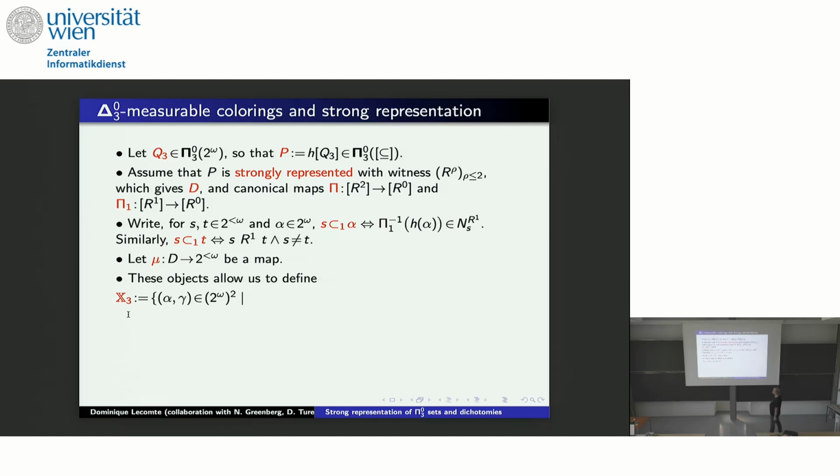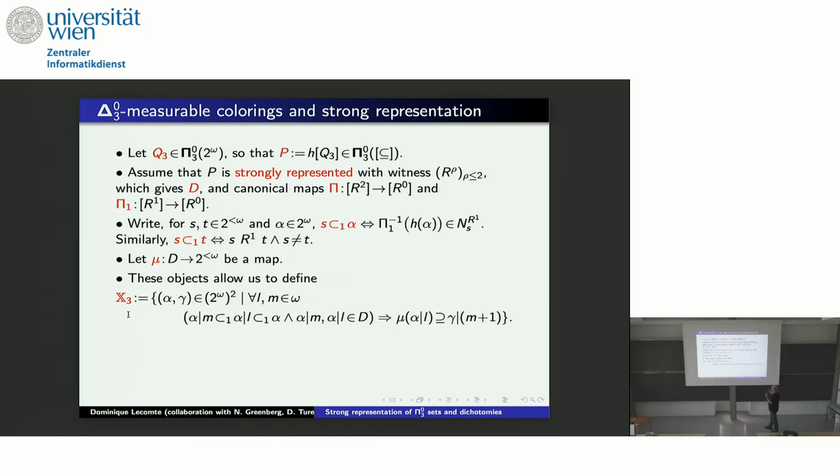The elements of X3 are elements of the counter space, such that for any L and M, if the corresponding initial segments of alpha are one predecessors of alpha, and in this order, so M is smaller than L, and if these two initial segments are in D, then the longest one, alpha restricted to L, codes with the help of this map mu the initial segment of the second coordinate alpha given by the smallest one, M. So it's not M, it's M plus 1, and this plus 1 is important. The important coordinate here on the gamma side is the last one, it's gamma of M.